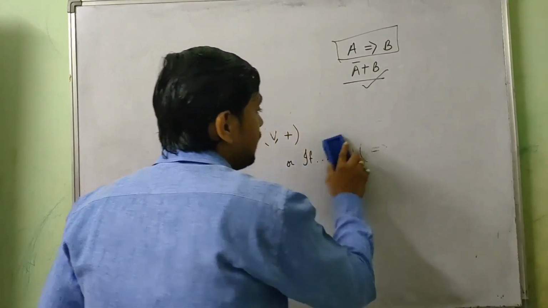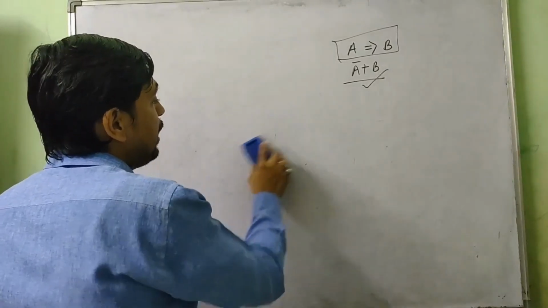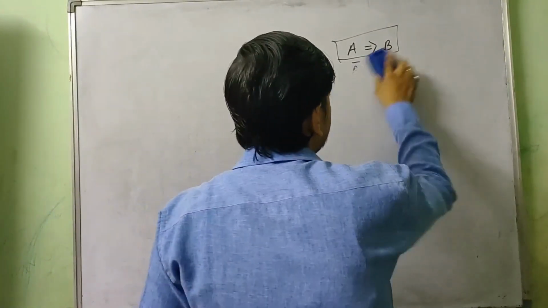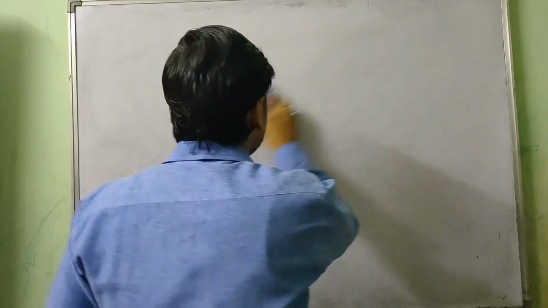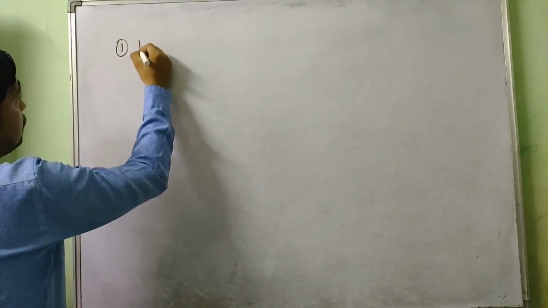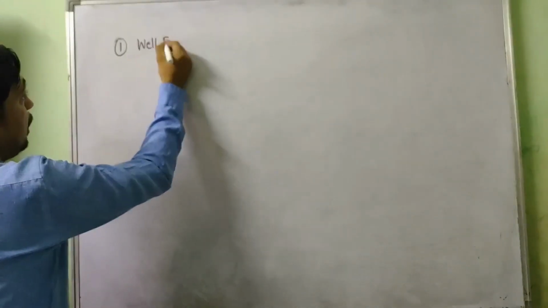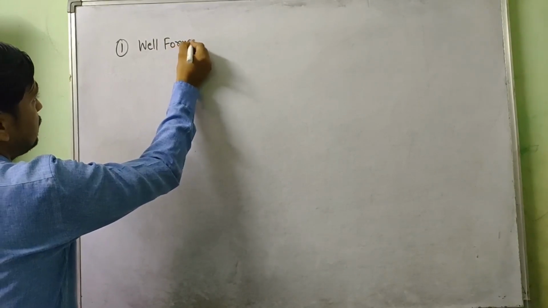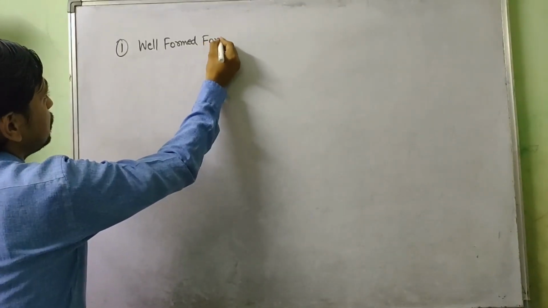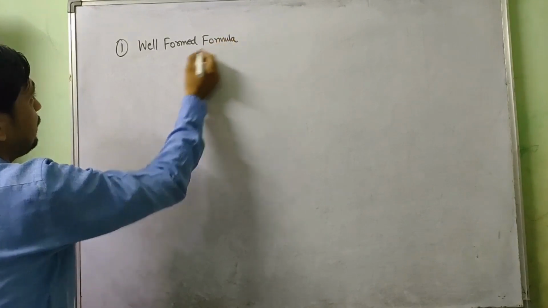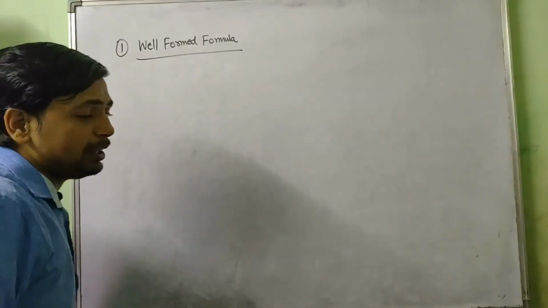So the first definition is well-formed formula, also known as WFF. Now what are well-formed formulas? All the propositions that clearly give a result of true or false are well-formed formulas.